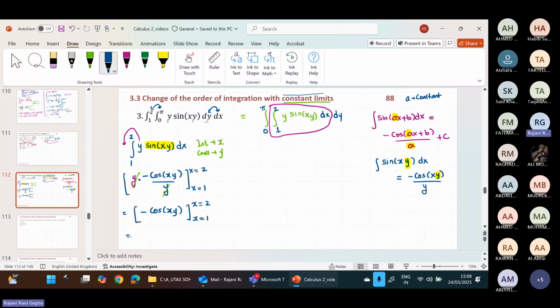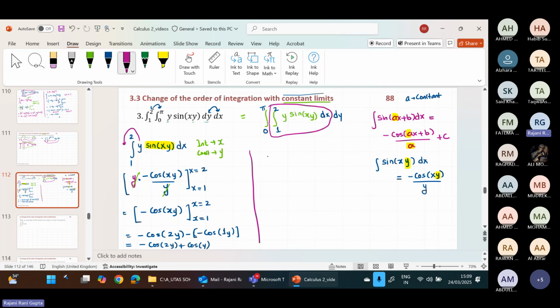Substituting the limits gives you minus cosine of 2y minus cosine of 1y. Okay, simplifying this gives you minus cosine of 2y plus cosine of y.